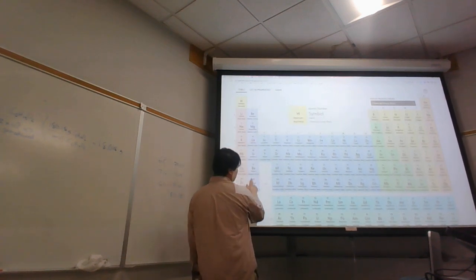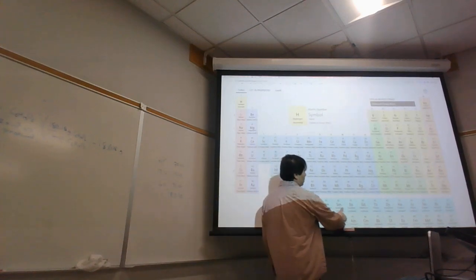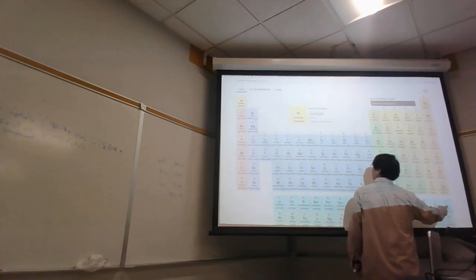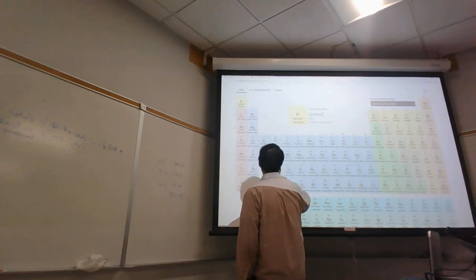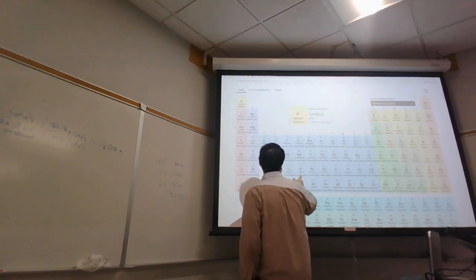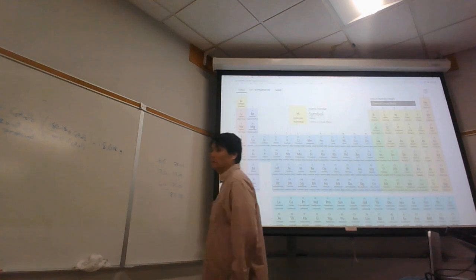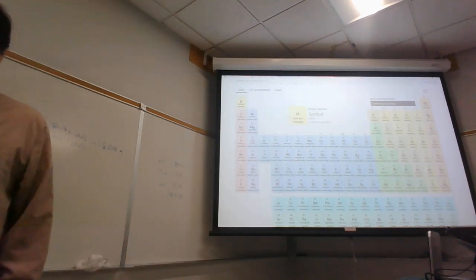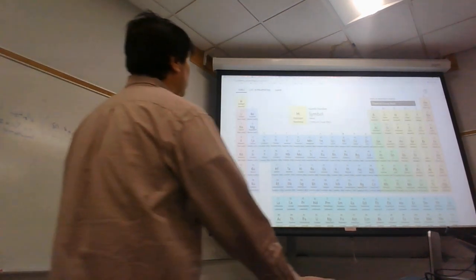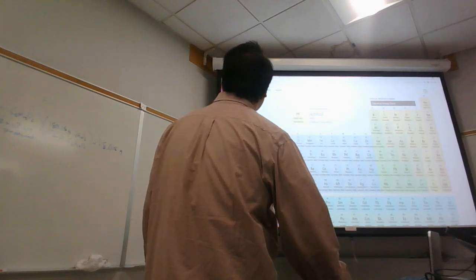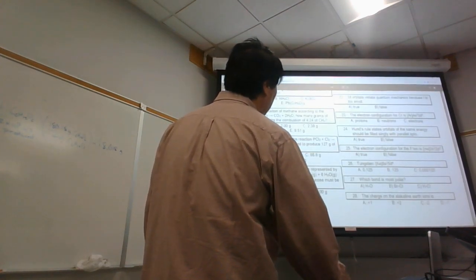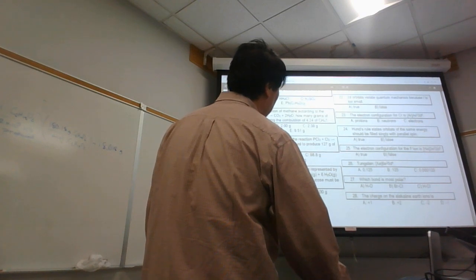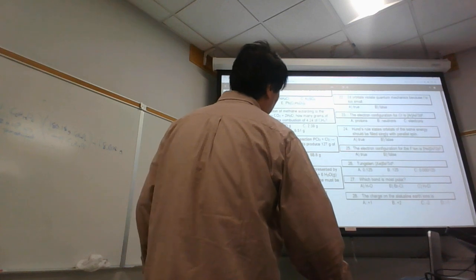And so it'd be 6s2, 4f14, and then 5d 1, 2, 3, 4. That would be tungsten, but so we're missing that. You can see it in the periodic table.